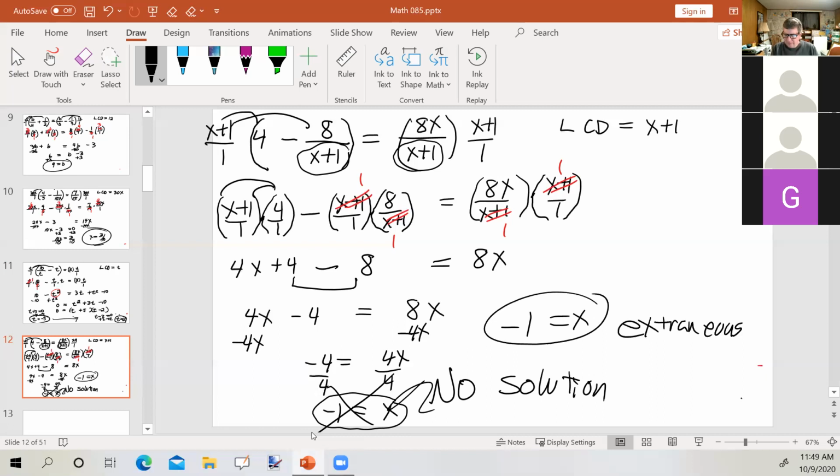I think I messed people up last quarter because I said it's no solution. They put that in and WebAssign didn't like that. So the solution doesn't work, but here's what we came up with. It doesn't work, so we call it extraneous. All right?